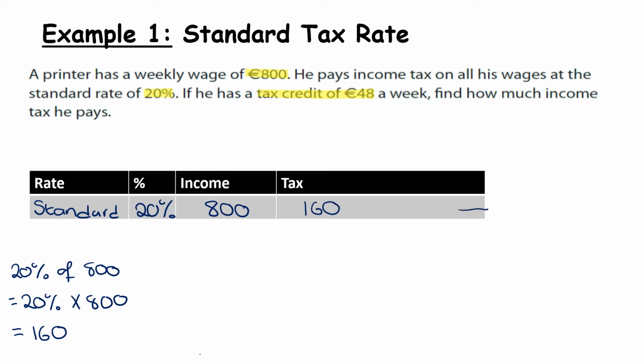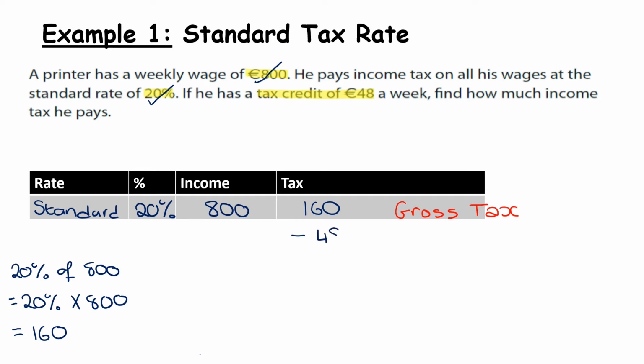So this piece here, and I do like to label it as I go, this is what I call gross tax. So how much tax this printer should pay. However, he doesn't have to pay all of that because, I like again to tick off as I use these, he has tax credits. So that is like a voucher. So he has 160 euro he should pay, but he also has this tax credit of 48.